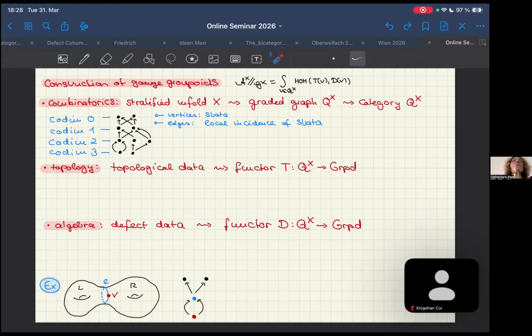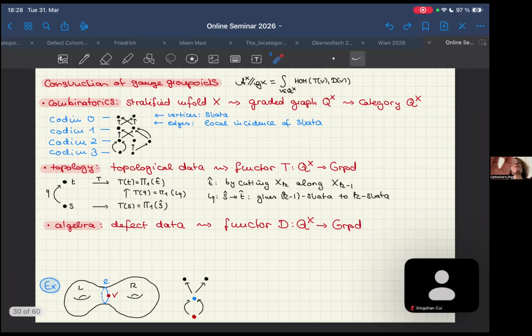Okay. And how about this functor t then? So this functor t should assign to each vertex in the graph, so to each stratum, the fundamental groupoid of the associated space. And this associated space was obtained by cutting the k-skeleton along the k-1 skeleton.